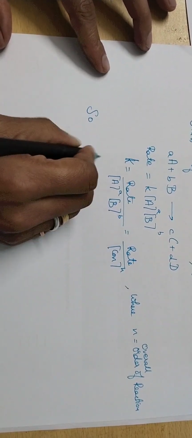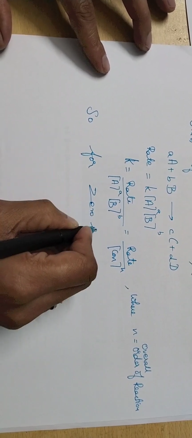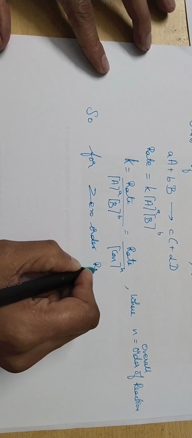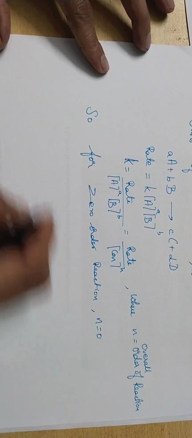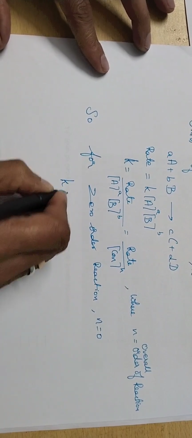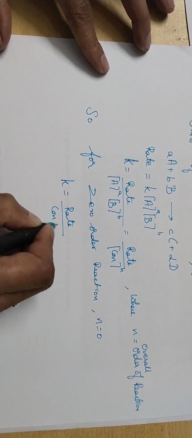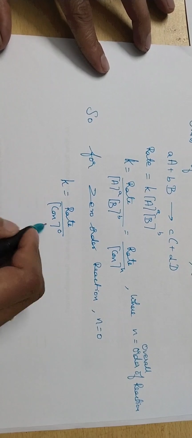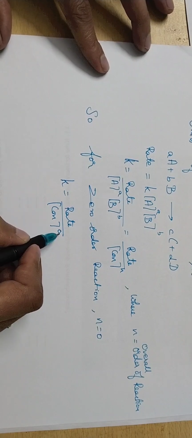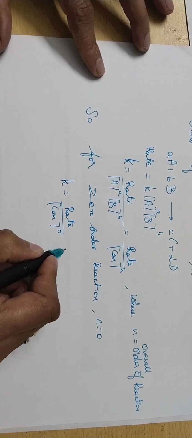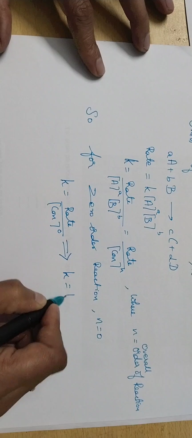So for zero order reaction, n is equal to 0, which makes k equal to rate divided by concentration to the power 0. Any term to the power of 0 becomes 1, which makes k equal to rate.